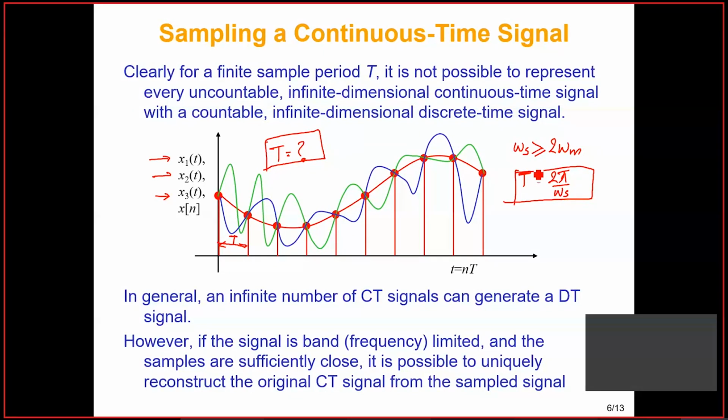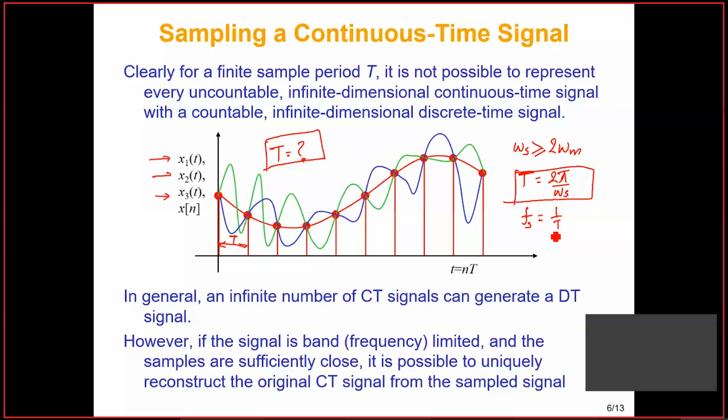If you're talking about the time period, how these samples should be spaced, or the distance between samples in seconds, that is your sampling time period. And the angular sampling frequency is omega s.